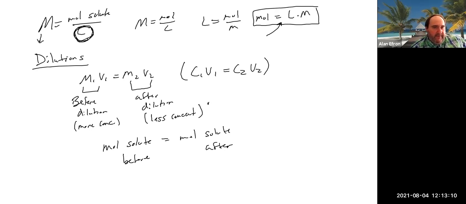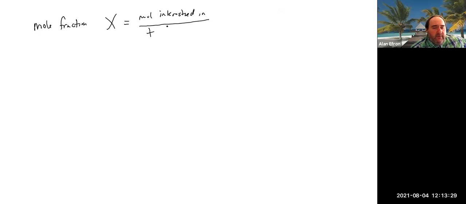We also talked about a couple of other concentration type things. We had our mole fraction. Remember, our mole fraction is the X, and basically is the moles of interest divided by the total moles.